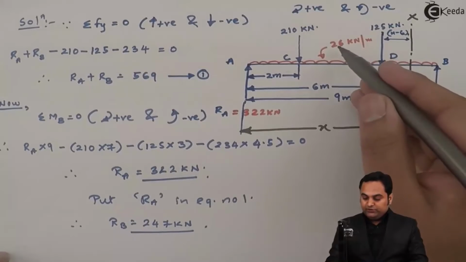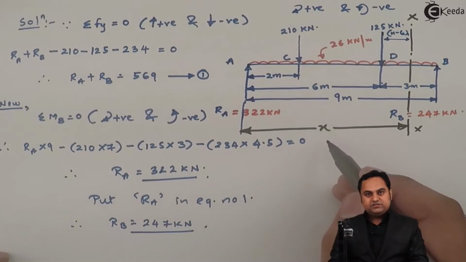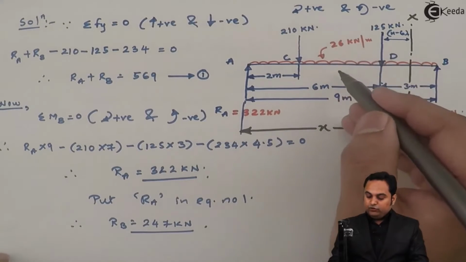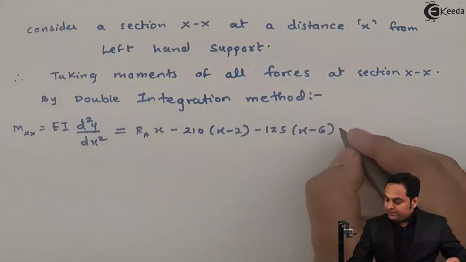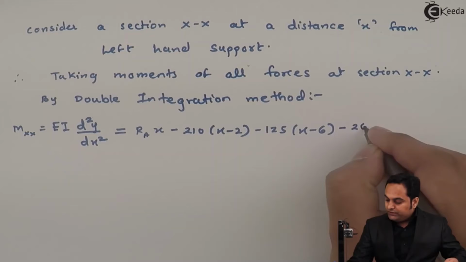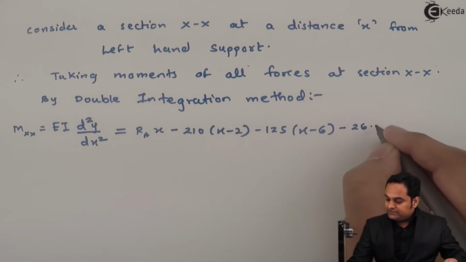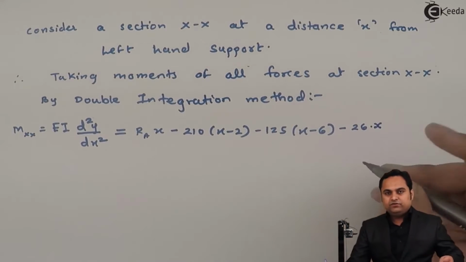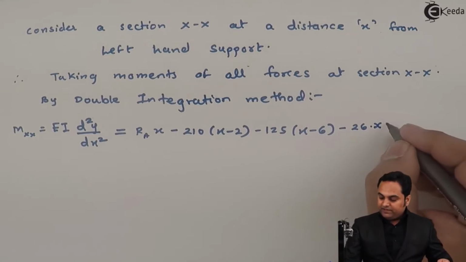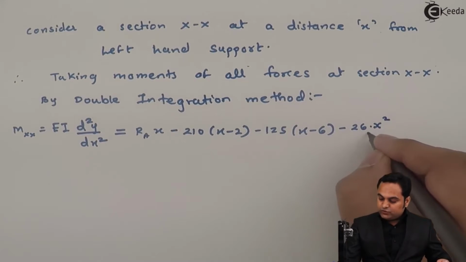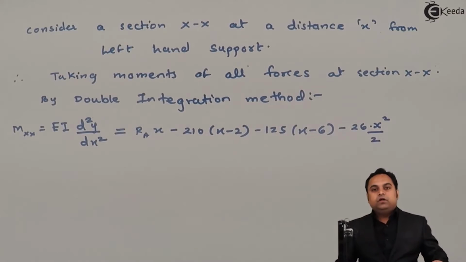So the force will be 26 into x, that is the point load, and if I want to take the moment, it will act exactly at half of x, that is x by 2.